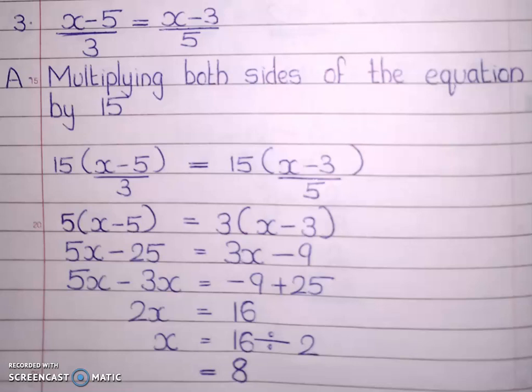Now, 5x minus 5 into x minus 5. 5x minus 5 into 5, 25. 3 into x, 3x minus 3 into 3, 9. Taking the variables to the left hand side and constants to the right hand side, you will get 2x is equal to 16. And 16 divided by 2 is equal to 8.